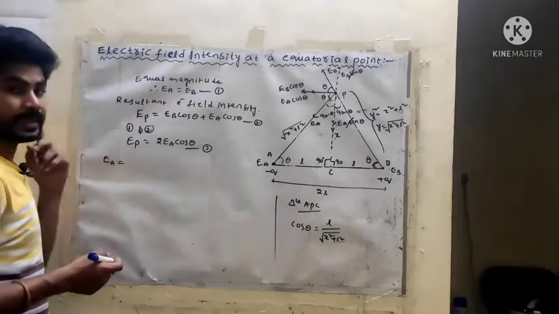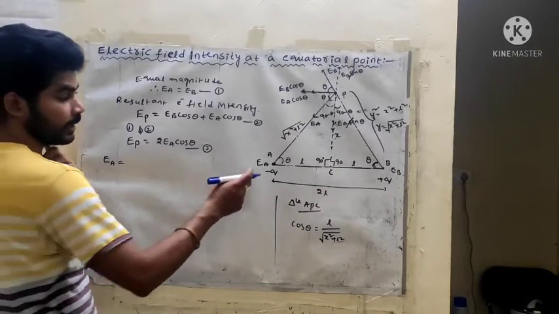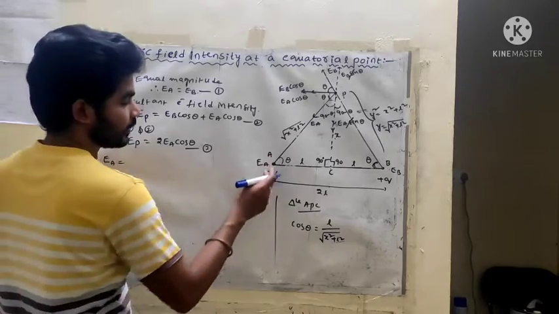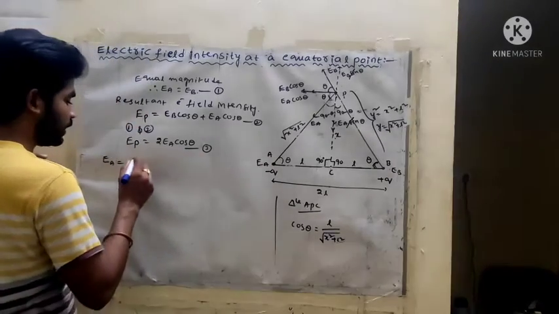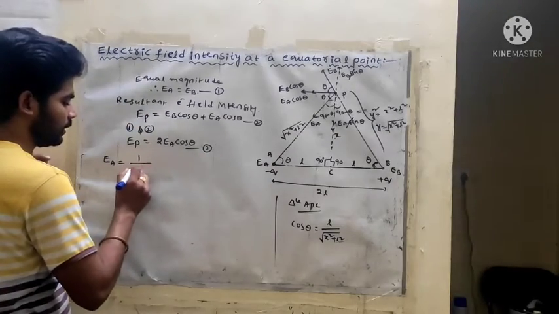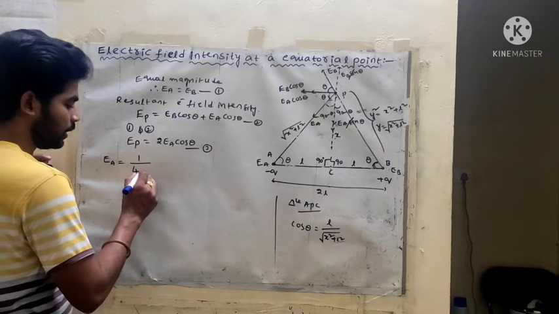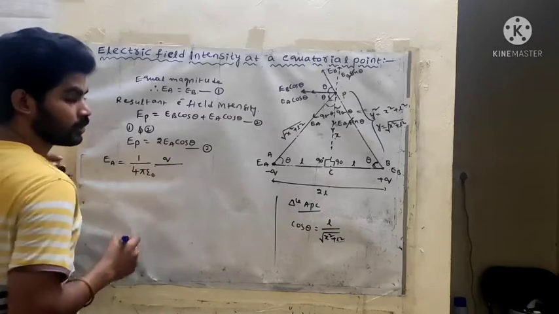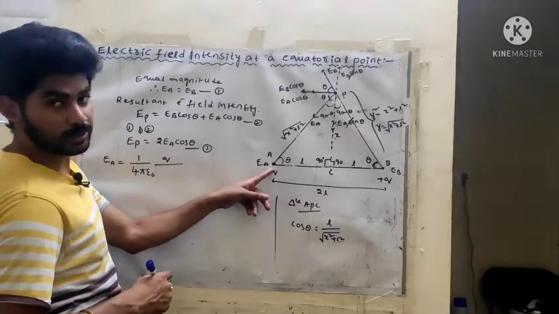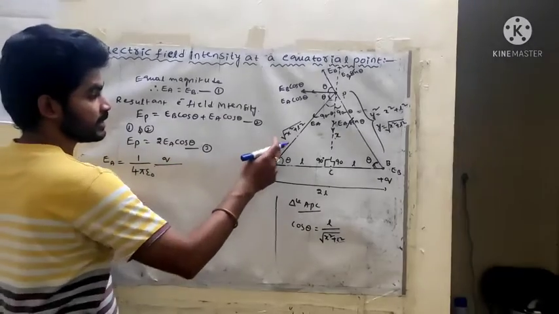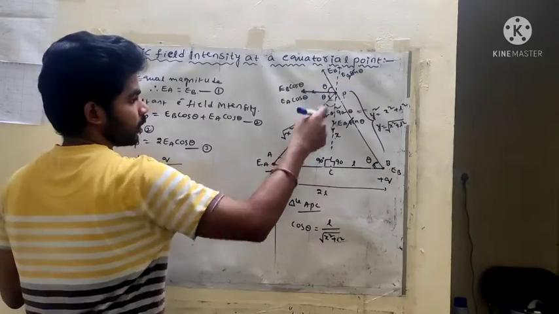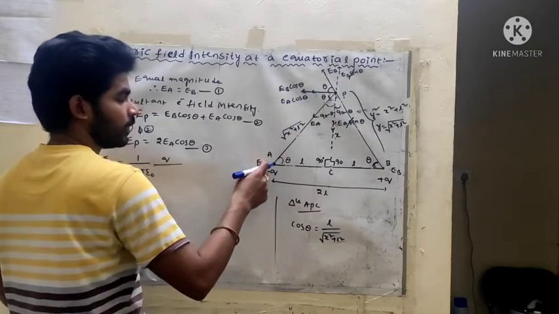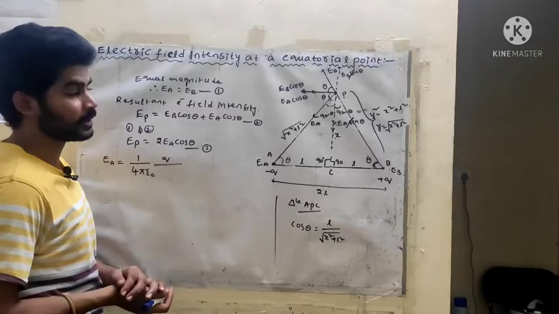And the electric field at point A, here we can calculate. How can we write that? Electric field intensity at A point is 1 by 4 pi epsilon naught into charge q by the distance. What is the distance? This point to this point. So P point and A point, electric field intensity only we are calculating.